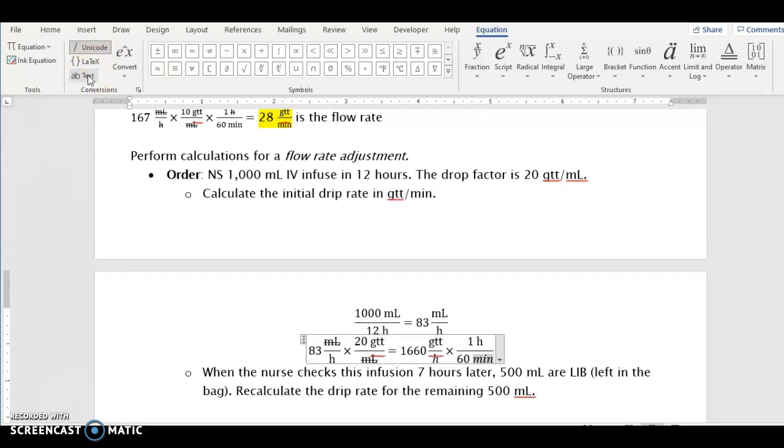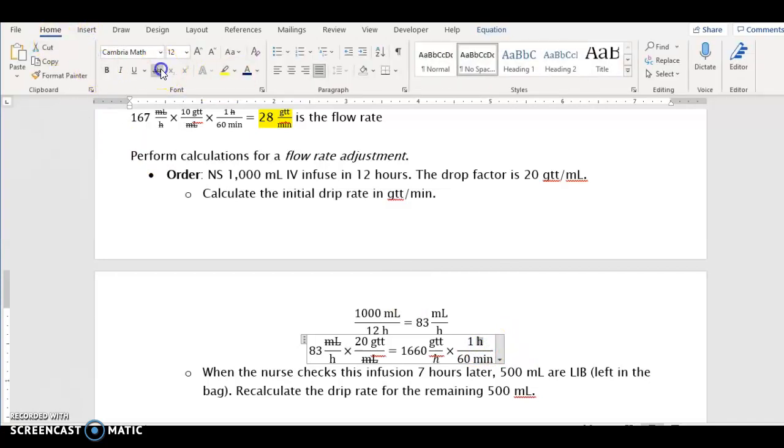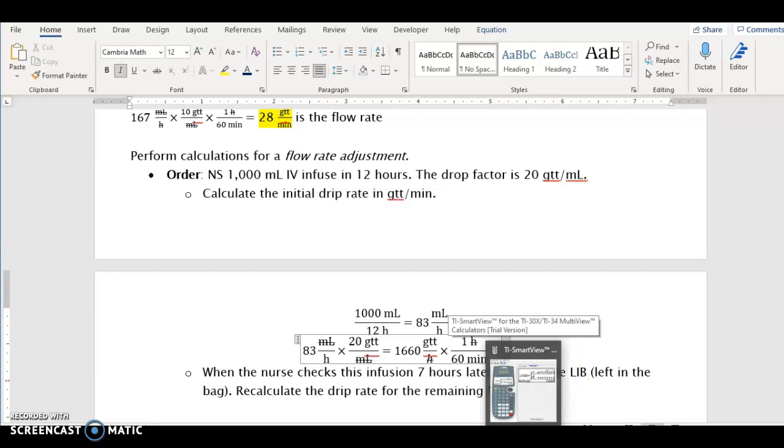We have 1 hour in the numerator and minutes in the denominator, so the 1 hour in the numerator cancels with the hour in the denominator of drops per hour. The flow rate is 1660 drops per hour, so we divide that by 60 to get the number of drops that the infusion is taking place per minute.